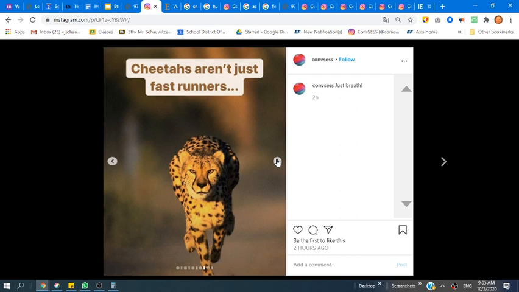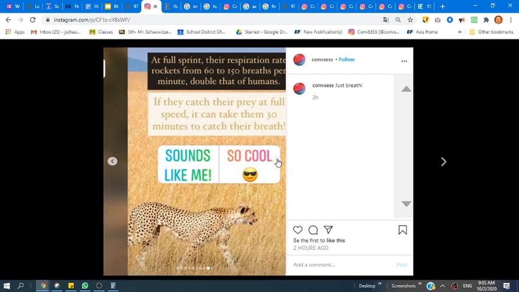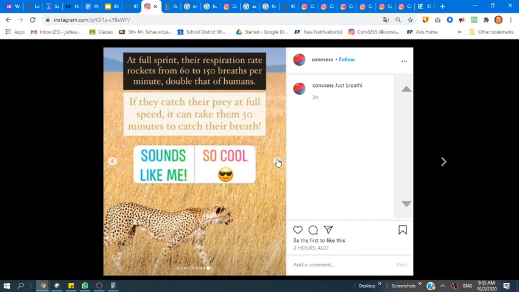So what about other animals like mammals? Well, cheetahs are not just fast runners. At a full sprint, their respiration rate rockets from 60 to 150 breaths per minute, which is double that of a human, right? If they catch their prey at full speed, it will actually take a half hour for them to catch their breath. That's kind of cool, don't you think?